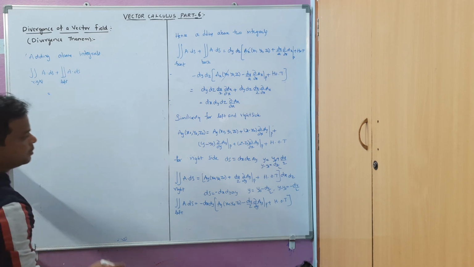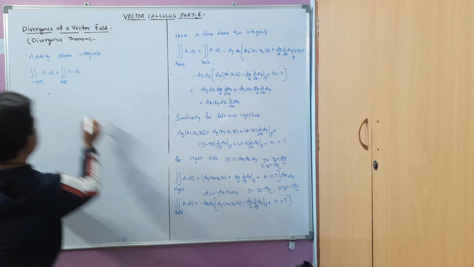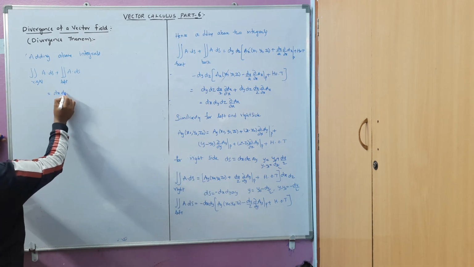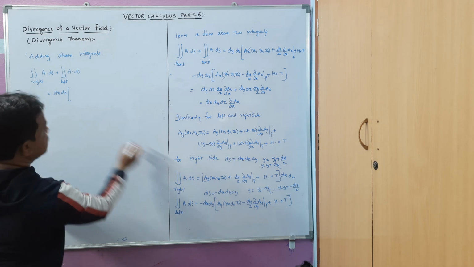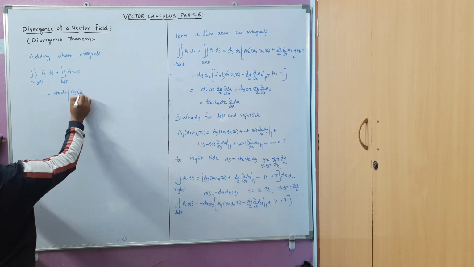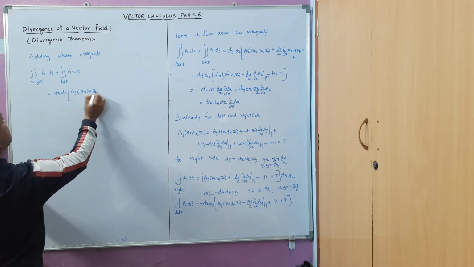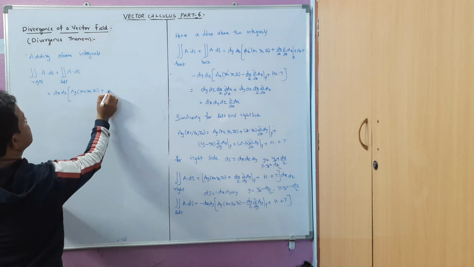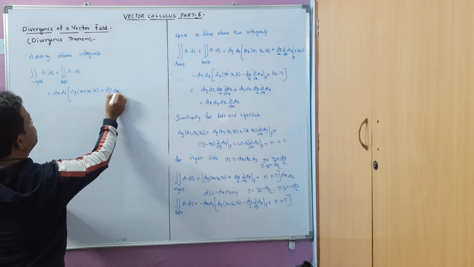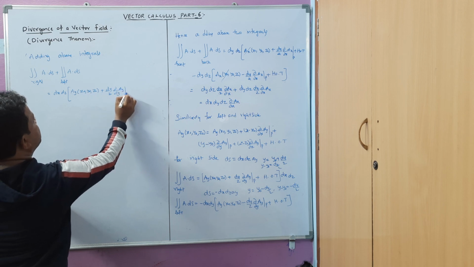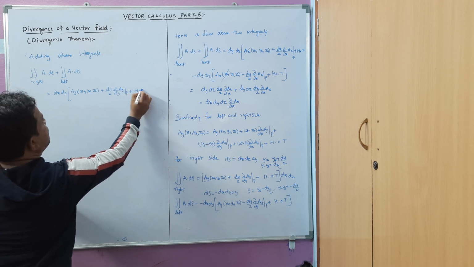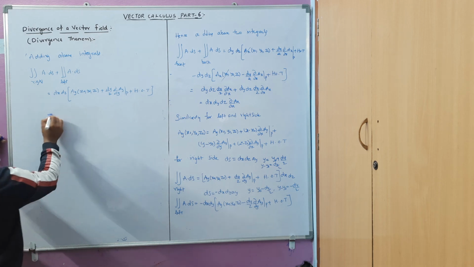It will give me dx dz into ay of x naught, y naught, z naught plus dy by 2 into dou y of ay at point P plus higher order terms. Similarly, minus this one.